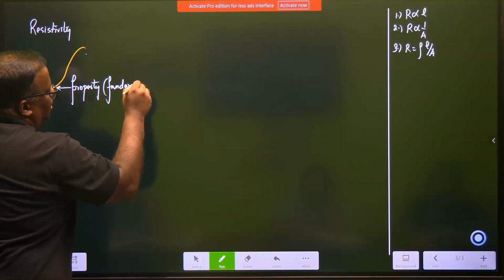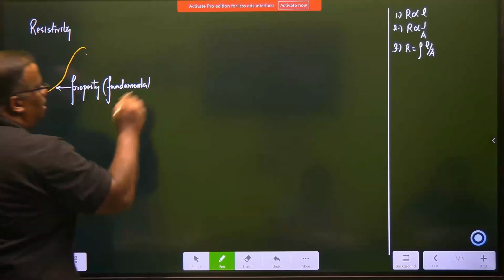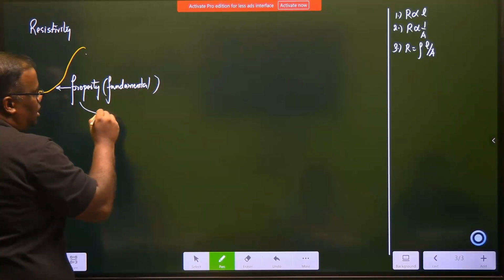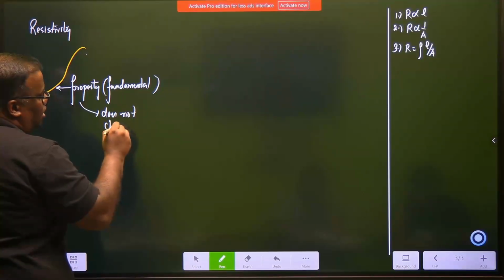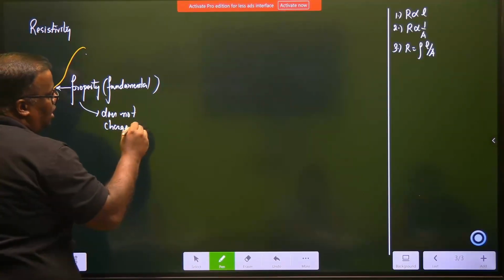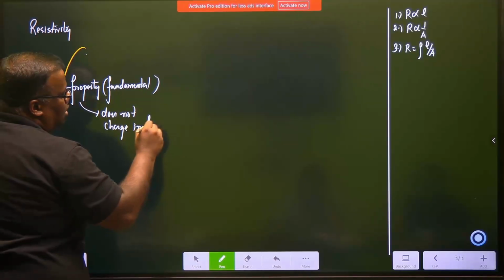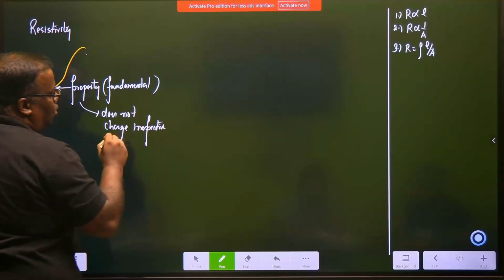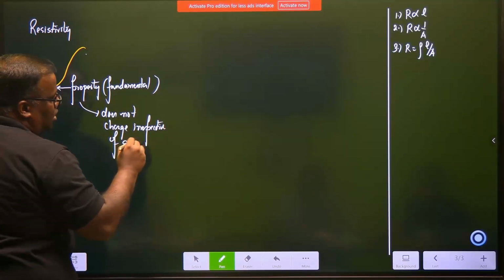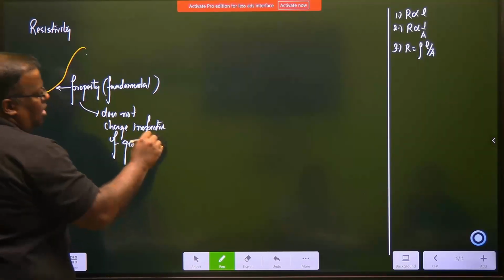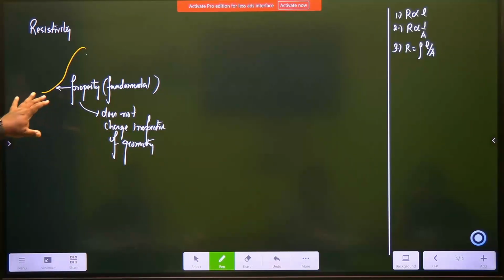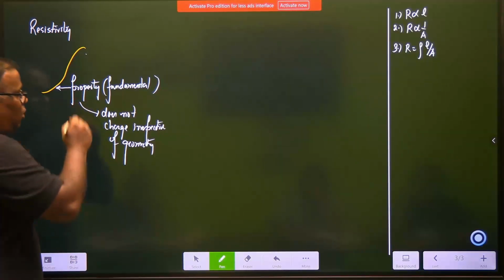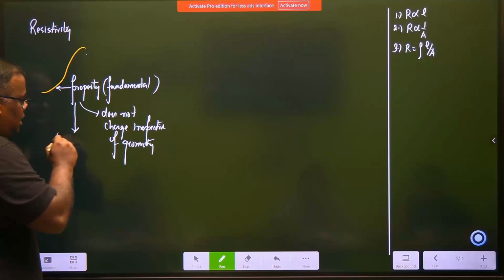Fundamental means this property does not change irrespective of geometry. You turn it, twist it, curl it, whatever you want, that property will not change irrespective of its geometry. Are you understanding? That property is known as resistivity.